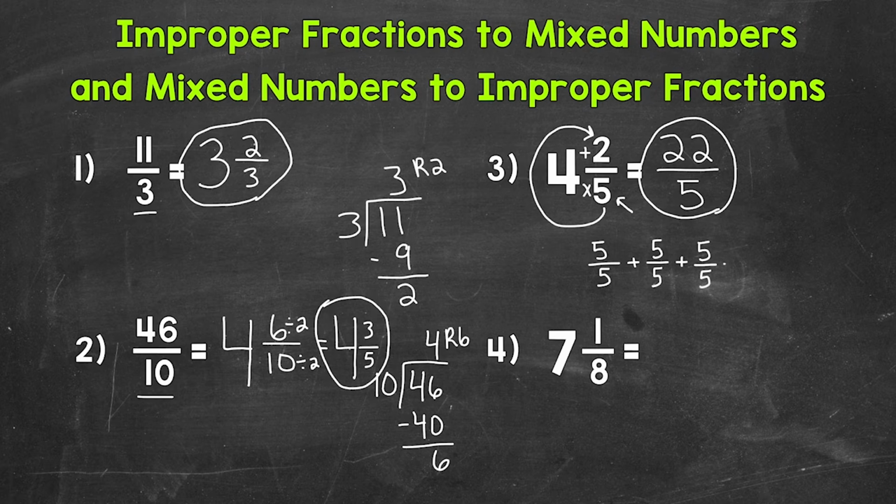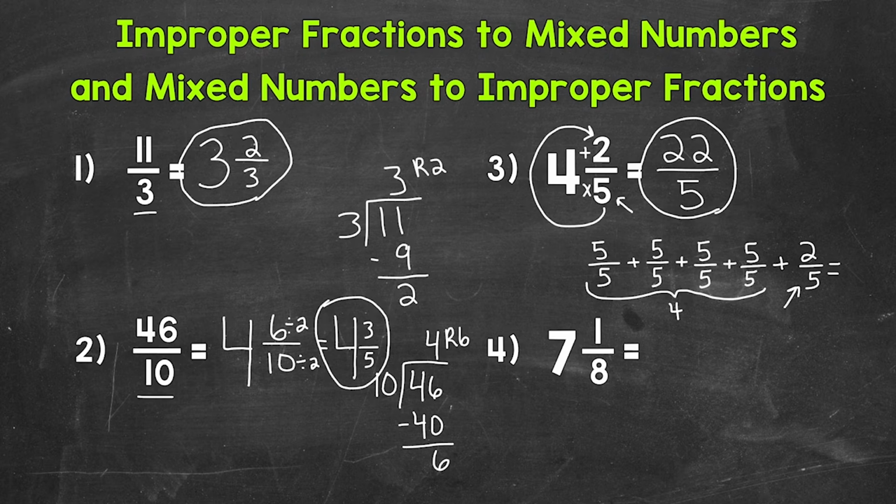There's 3 wholes. 4 wholes plus our fractional part of 2/5. So these right here represent the 4 wholes. Then we have the fractional part, 2/5.